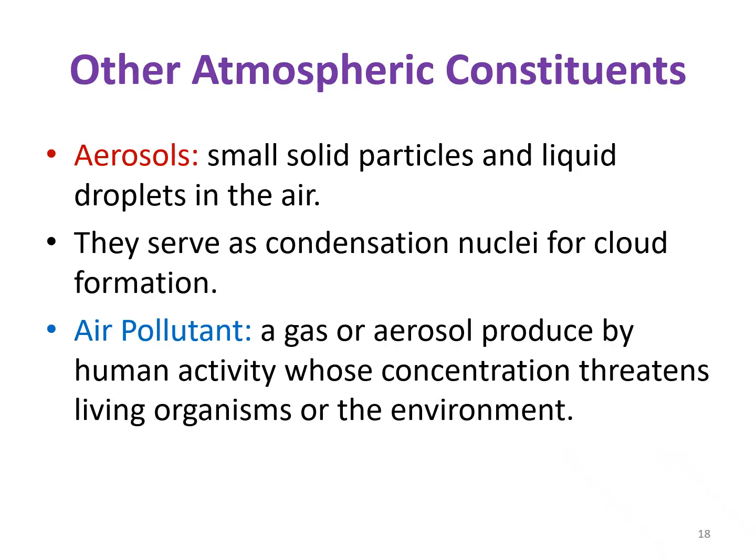Other atmospheric constituents include aerosols and air pollutants. Aerosols are fine solid or liquid particles suspended in the air, and they play a significant role in the Earth's climate and atmospheric processes, acting as cloud condensation nuclei and influencing the amount of sunlight reaching the surface. Air pollutants are substances in the air that can be harmful to human health and the environment.